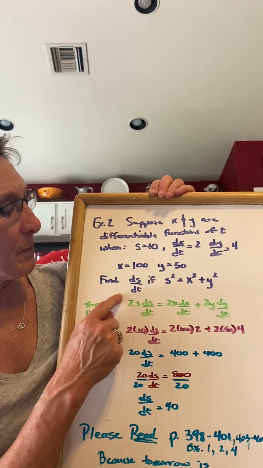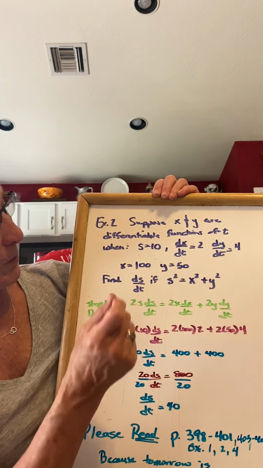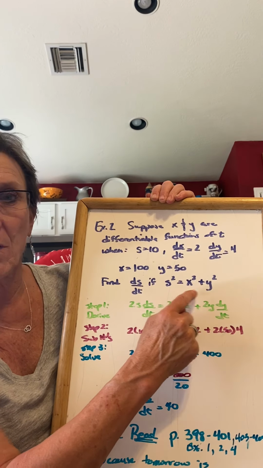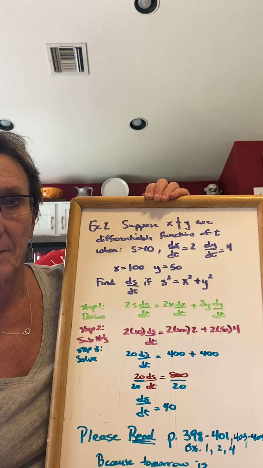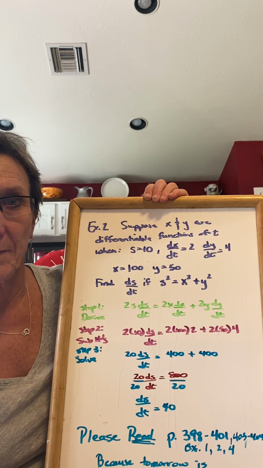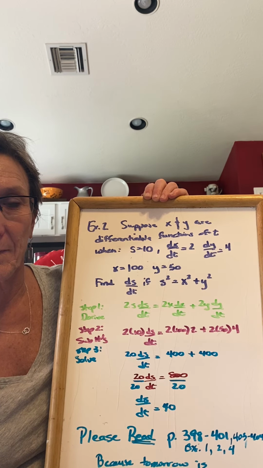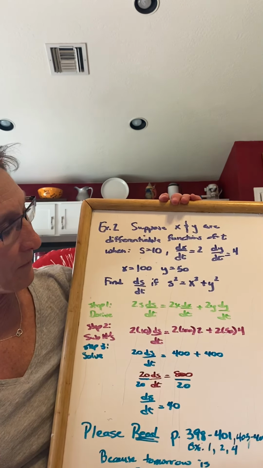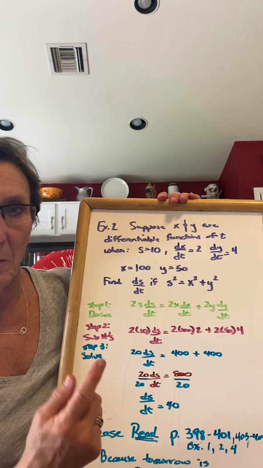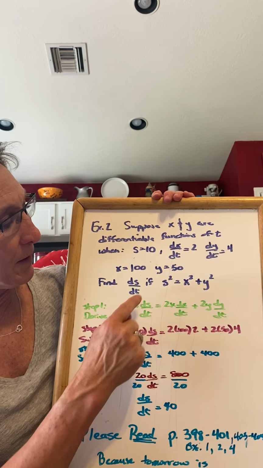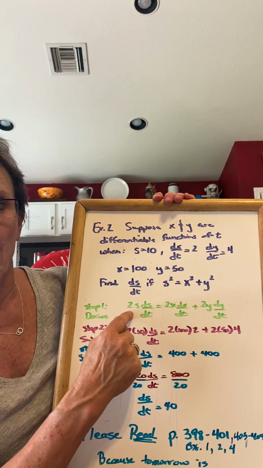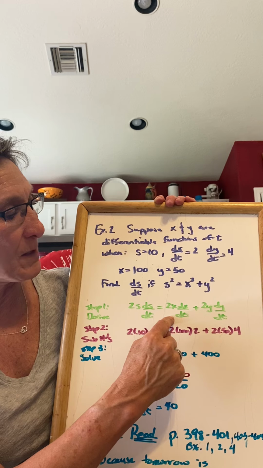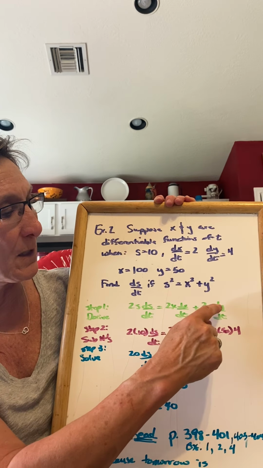All right, my equation is going to be: find ds dt if s squared equals x squared plus y squared. Remember step 1, derive. s squared is going to be 2s ds dt equals 2x dx dt plus 2y dy dt.